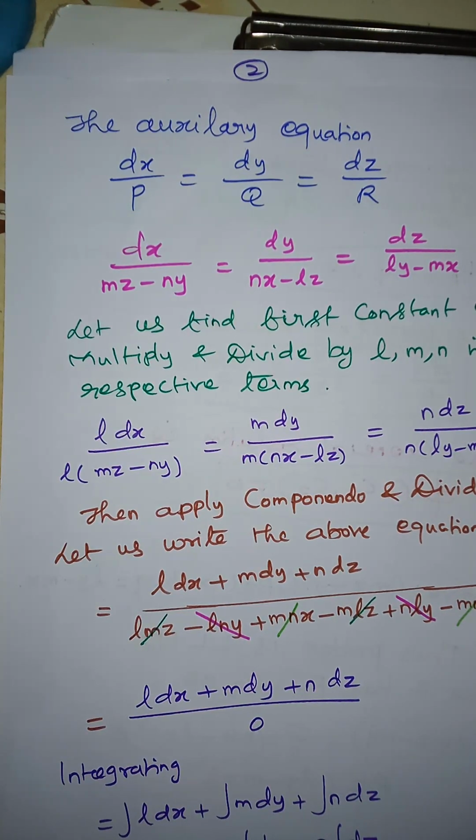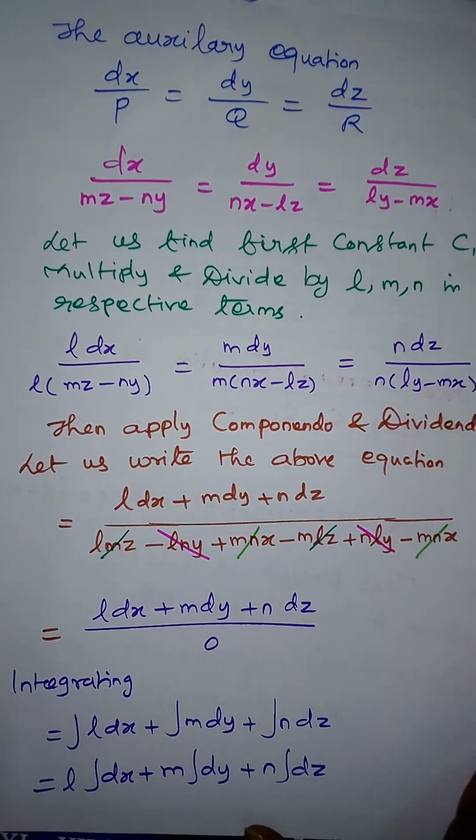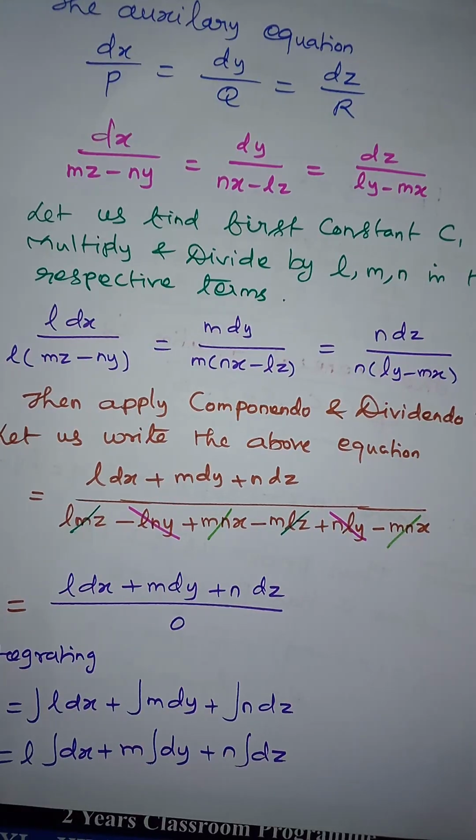Here the most suitable constants are l, m, n. So multiply and divide by l, m, n in the respective terms: l goes to the first term, m goes to the second term, n goes to the third term. So I have written here l in the numerator, l in the denominator; similarly m in the numerator and denominator, and n in the numerator and denominator. Then we apply the componendo and dividendo rule. I add the numerators and similarly add the denominators.